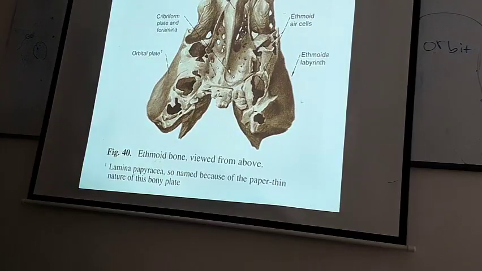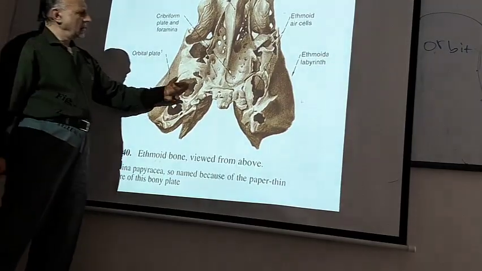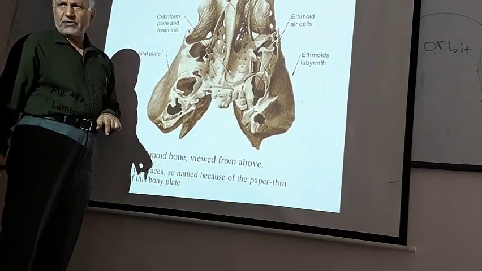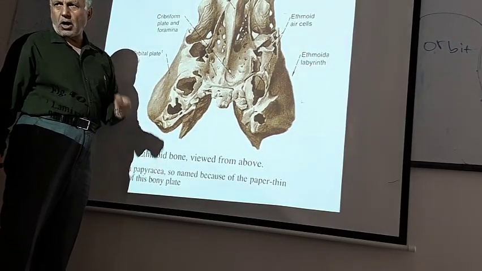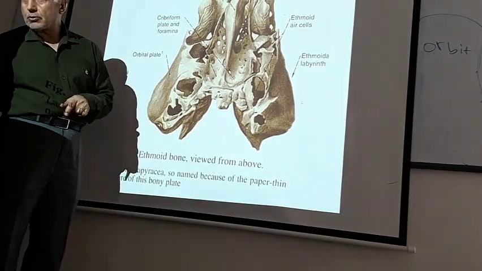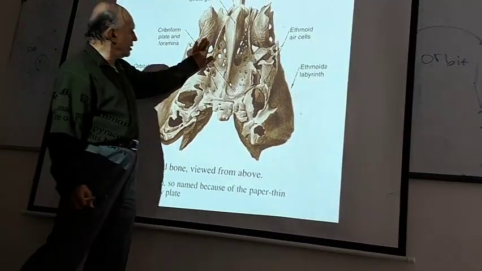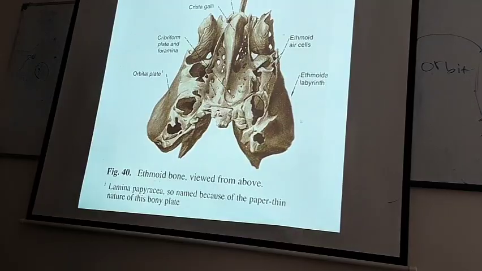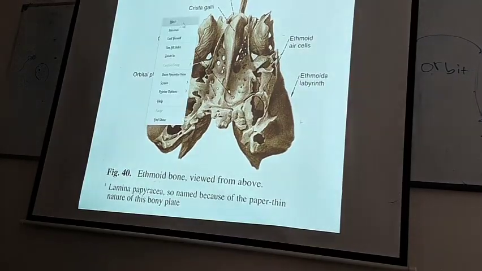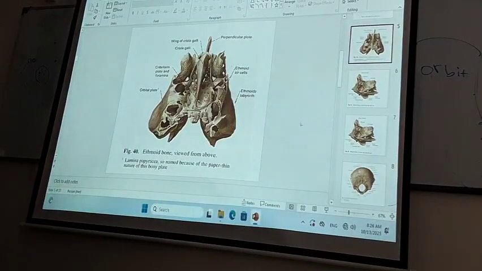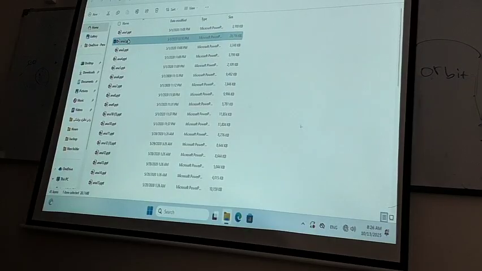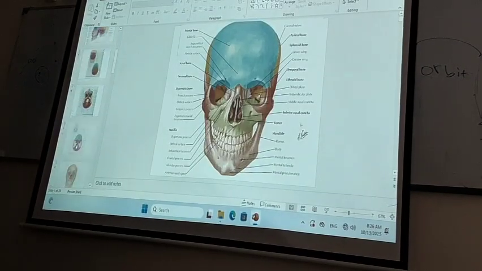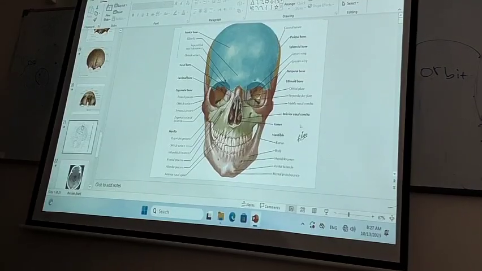Here, these air cells are articulated with the inferior border of the ethmoidal notch of the frontal. Here they articulate with the frontal. You can see it in another view.